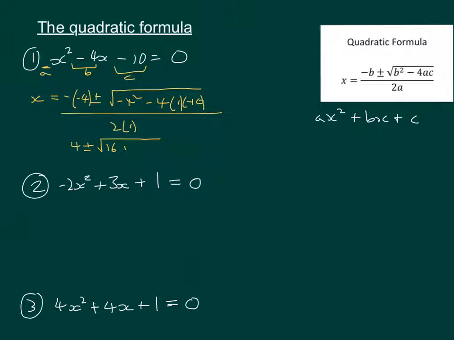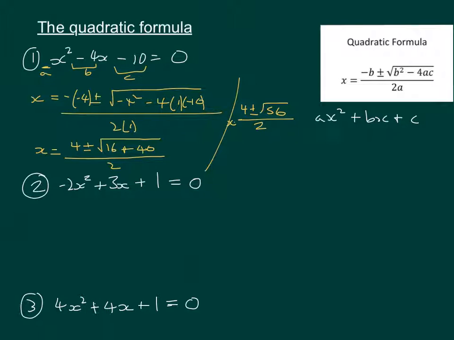So this will be 16 plus 40. And that's all over 2 times 1, which is 2. So we've got x equals this. If I just do it up here now, if I simplify this square root, we're going to have 4 plus or minus root 56, and that's all over 2.